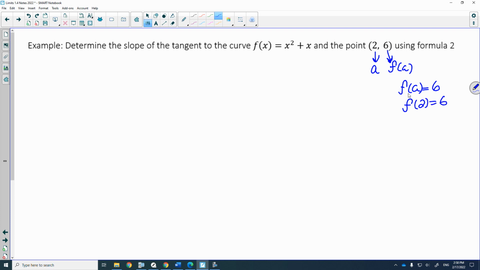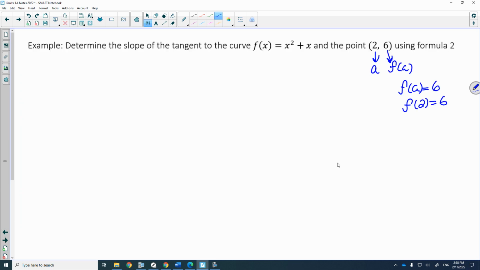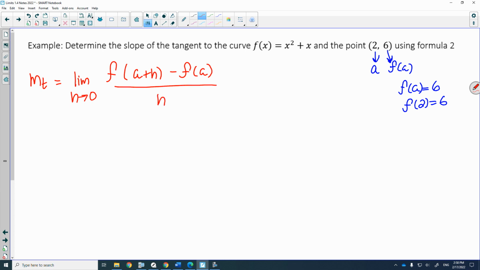If you plug 2 into the function given, 2 squared is 4 plus 2 is 6. I just want to double check that I did write f of a. Yes, okay. So the slope of the tangent is given by the limit as h approaches 0 of f of a plus h minus f of a all over h.